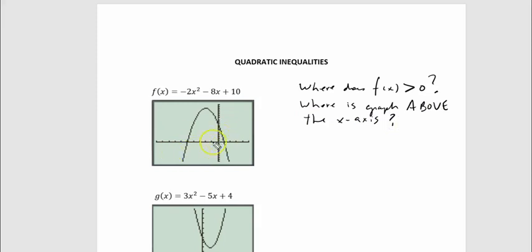Now, in a previous video, we showed that these x-intercepts happened at -5 and +1. So when is this above the x-axis? Well, we do not include the x-axis.